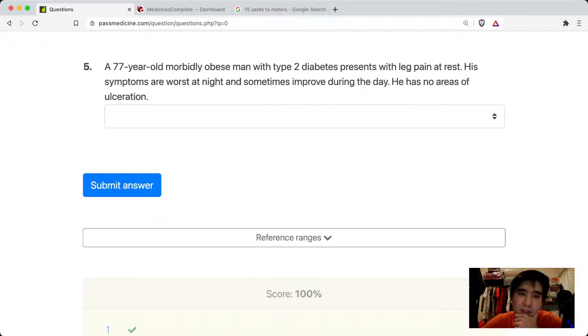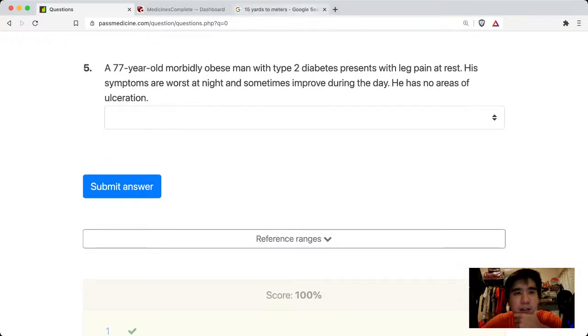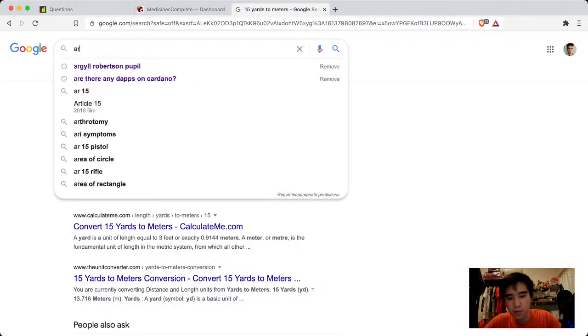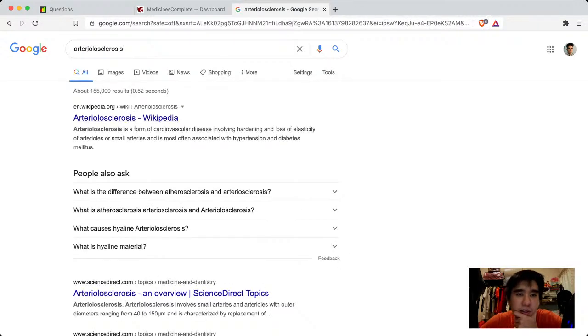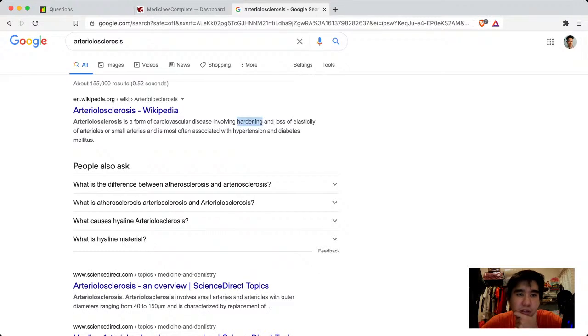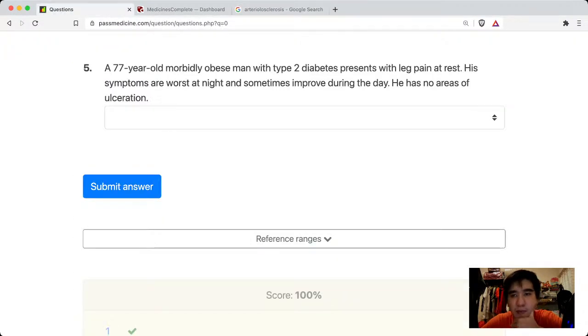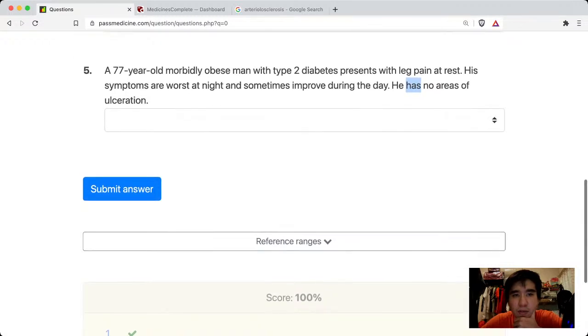Arteriolosclerosis or atherosclerosis. Arteriolosclerosis, hardening of arteries. Yeah. Am I correct? Arteriolosclerosis, hardening of arteries, yes. He has no areas of ulceration.